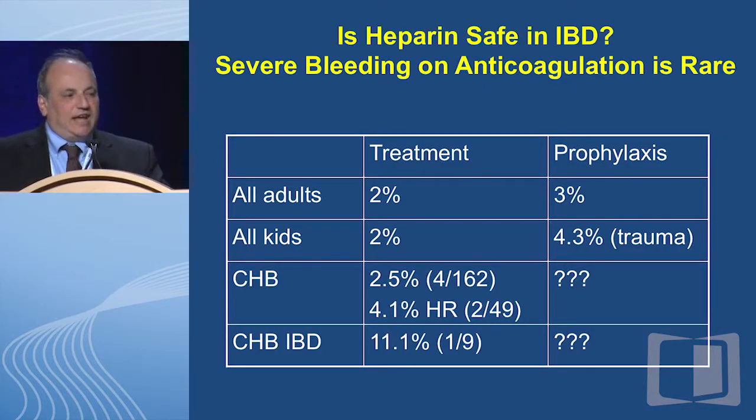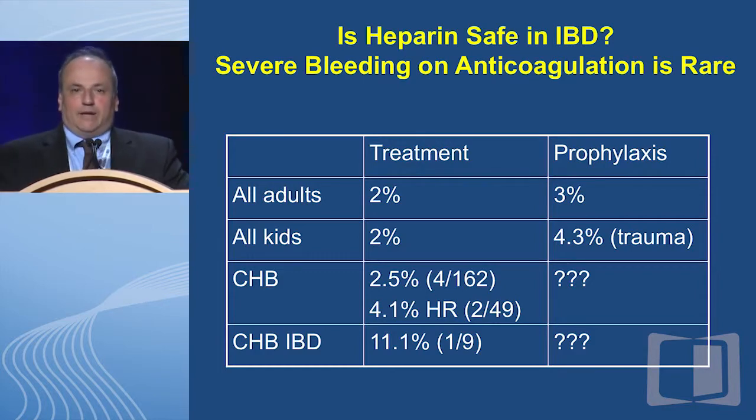Is heparin safe in inflammatory bowel disease? Well, I think those of you who have been in this field for a decade or more probably remember a paper by Josh Korzenick, who actually utilized heparin to treat IBD. And while it's certainly not a standard therapy for colitis, it appeared to be safe without any increased risk of bleeding. And when you look at the data, severe bleeding on anticoagulation is quite rare.